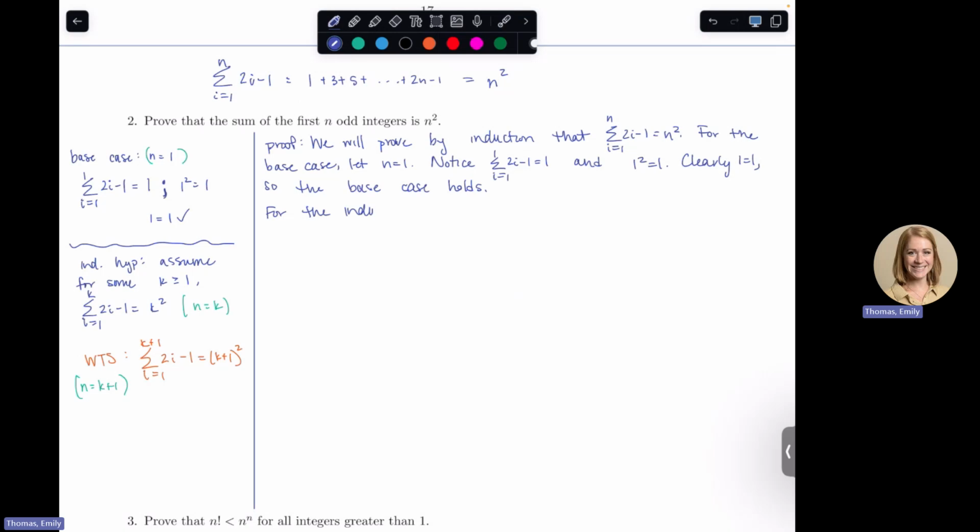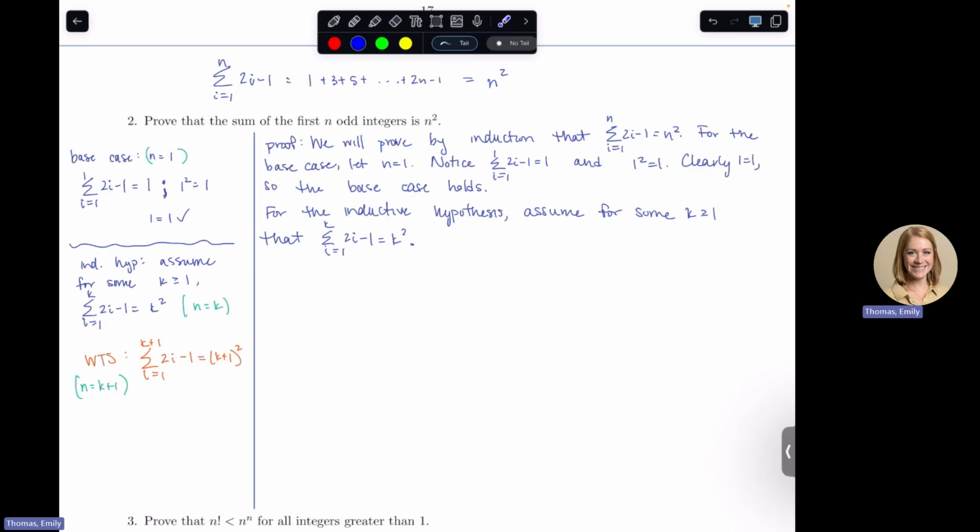For the inductive hypothesis, assume for some k greater than or equal to 1 that the sum from i equals 1 to k of 2i minus 1 is equal to k squared.